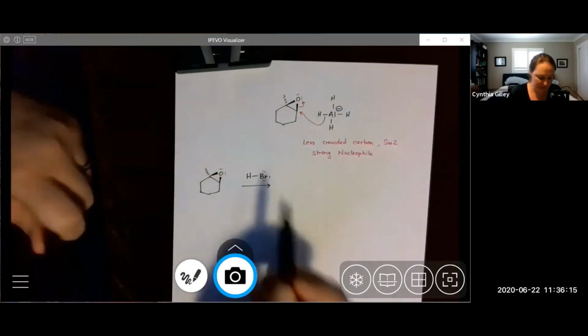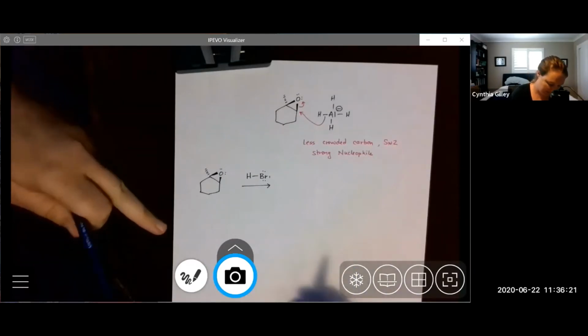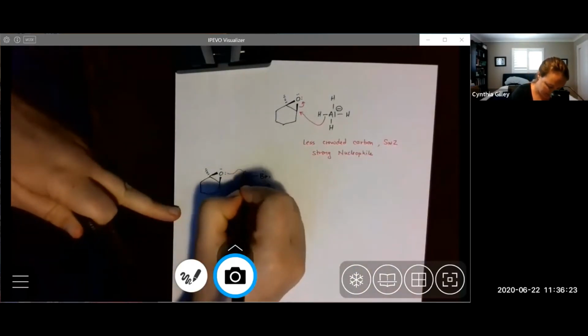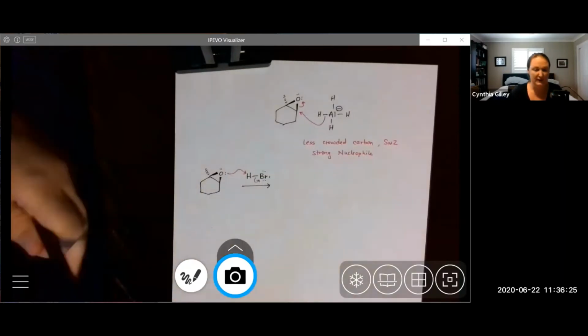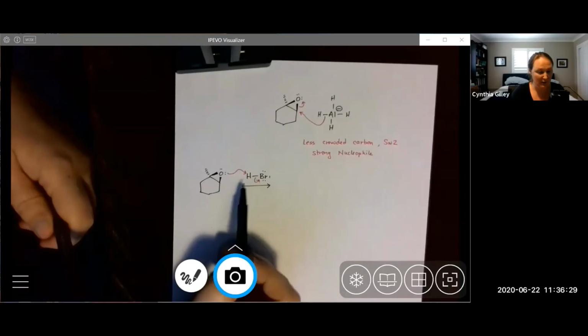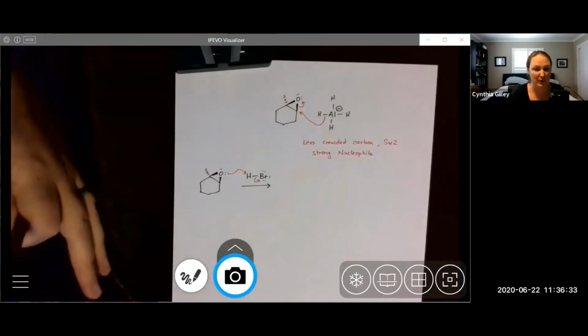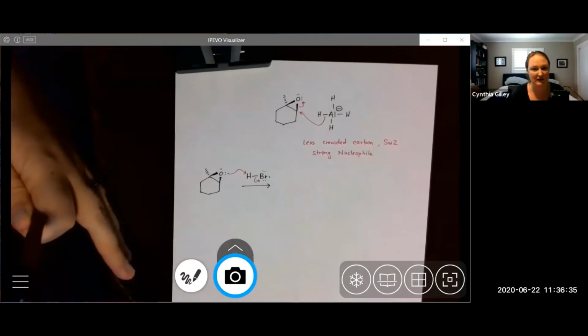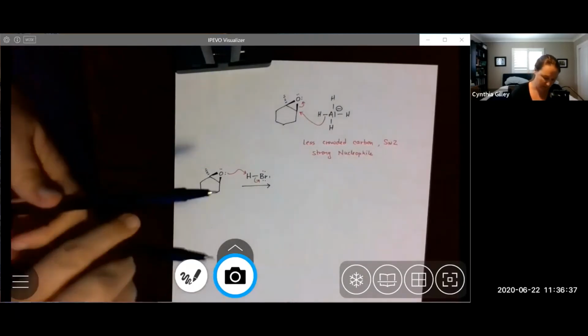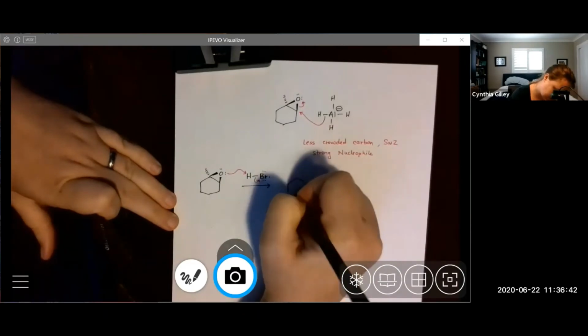Because we're treating this with an acid, acids have a strong motivation to get rid of their protons. So we can protonate the oxygen of an epoxide. So now we don't really have a strong nucleophile yet. Right? We don't really have one until the proton is transferred. Then we get bromide. We don't have it initially. So now we have a protonated epoxide.